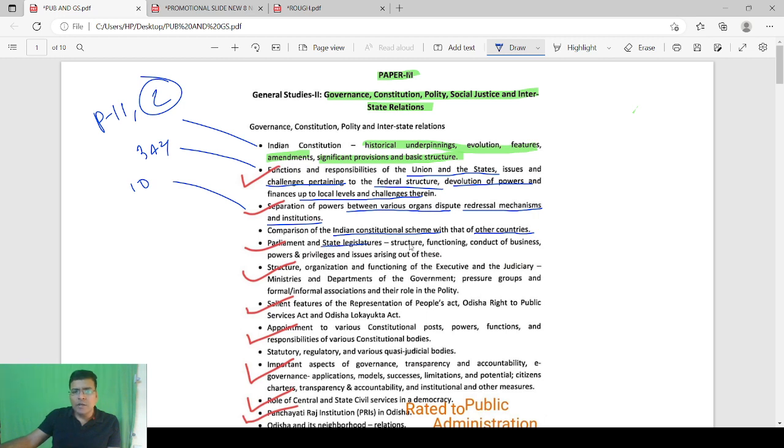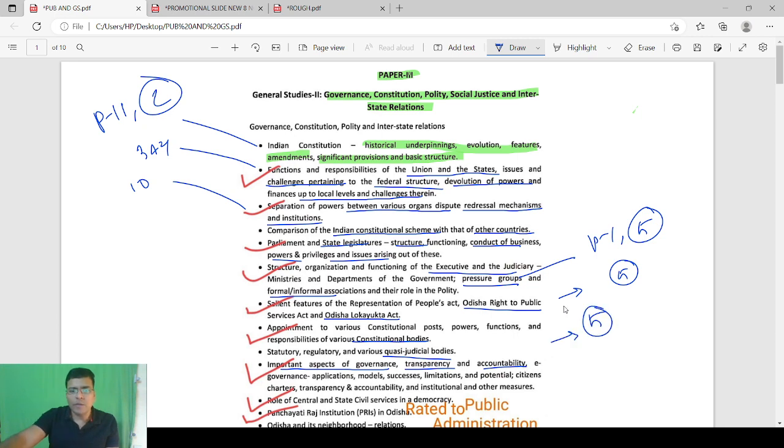Parliament and state legislature: structure, functioning, conduct of business, powers, privileges. Executive, judiciary, pressure groups, formal and informal associations. It is in paper 1, unit 5, accountability and control. Odisha Lokayukta Act, Odisha Right to Public Services Act, paper 1, unit 5. Constitutional bodies, quasi-judicial bodies, important aspects of governance, transparency, accountability, paper 1, unit 5.